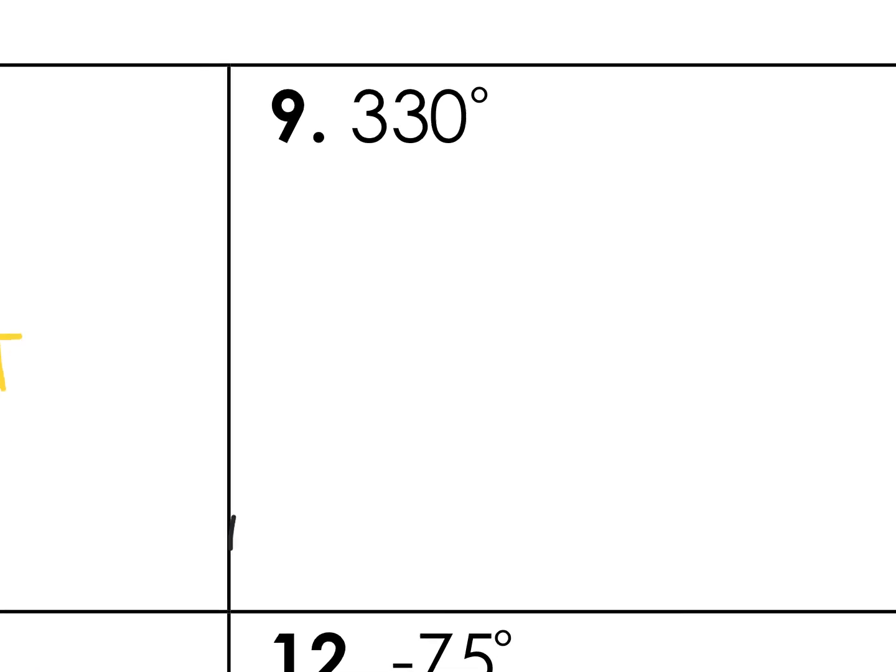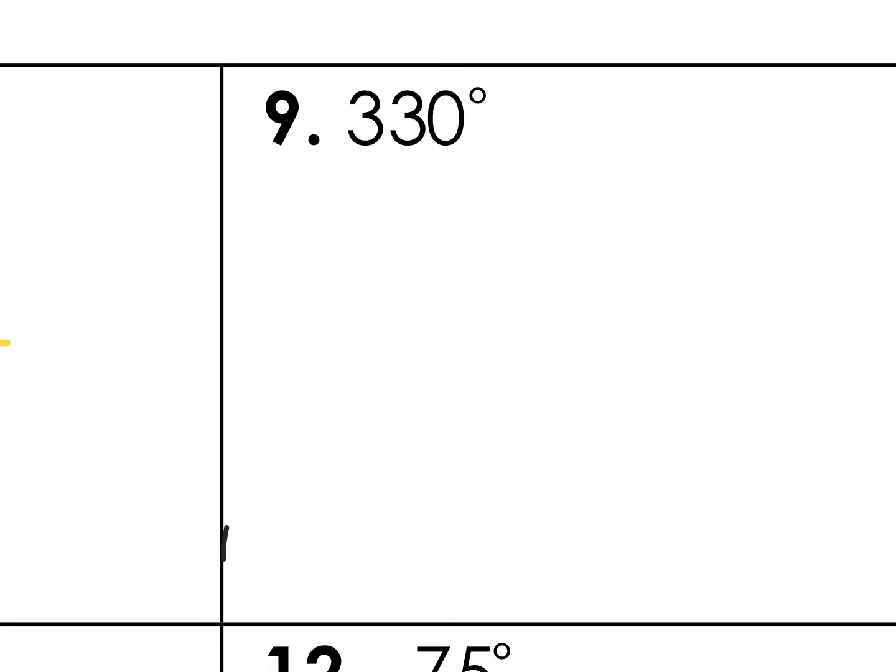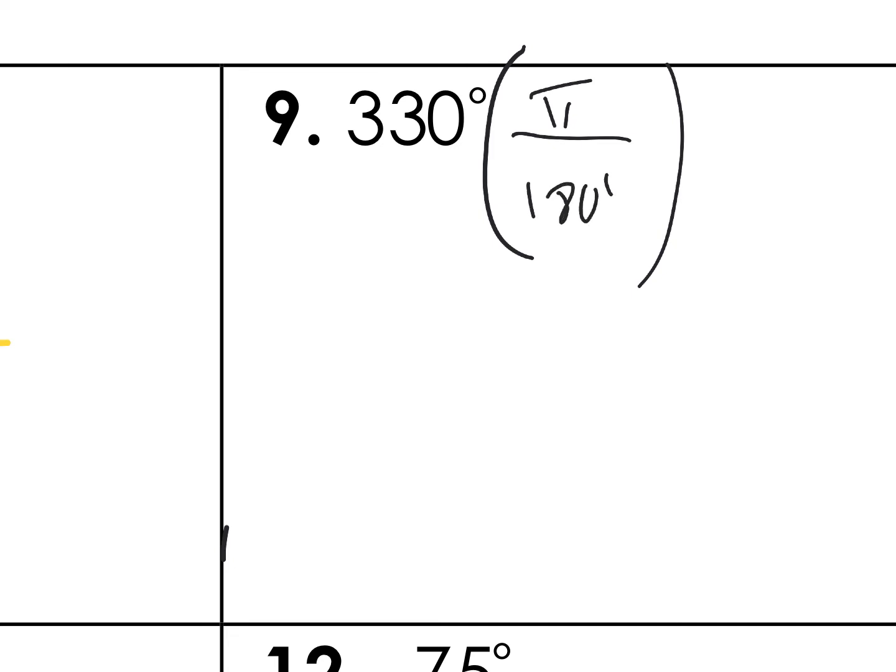Okay, let's do 330 degrees. To turn that into radians, I multiply this by pi over 180. And remember, I wanted the degrees to cancel because we're turning it into radians. So that cancels the degrees. I'm now left with 330 pi over 180.